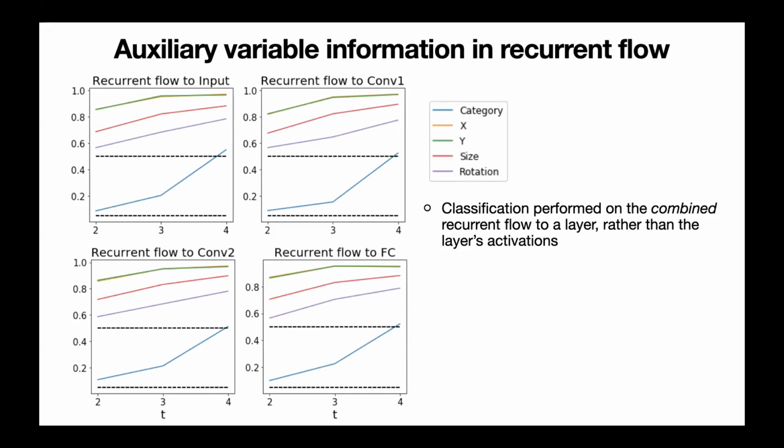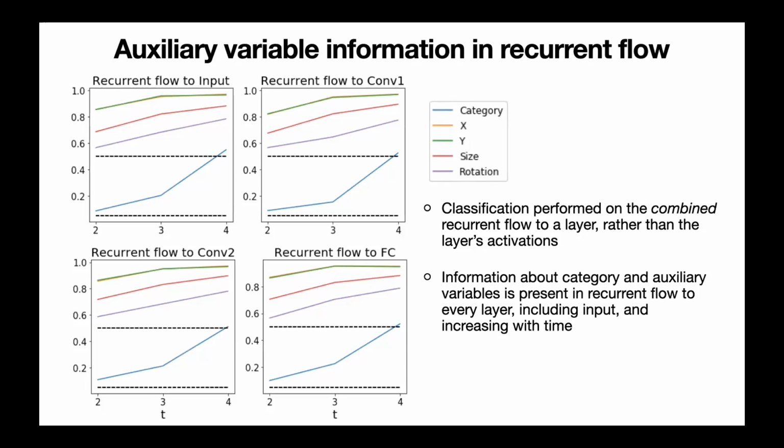So also in the recurrent flow, we see that information about category and auxiliary variables keeps increasing across time. Here there are 3 time steps because, of course, there's no recurrent information at the first time step.